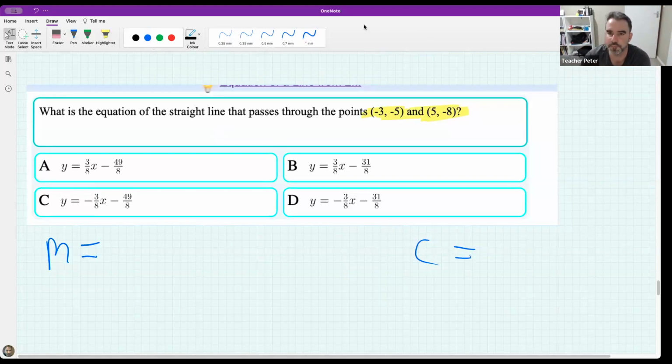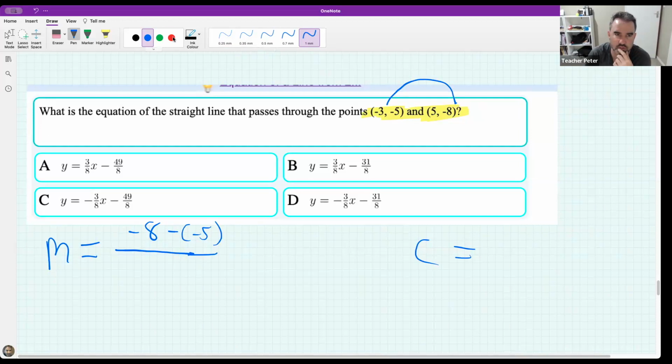Okay. What are people suggesting here? Minus 8 minus 5. I always like to do little drawings just to keep everything organized. 5 minus minus 3.